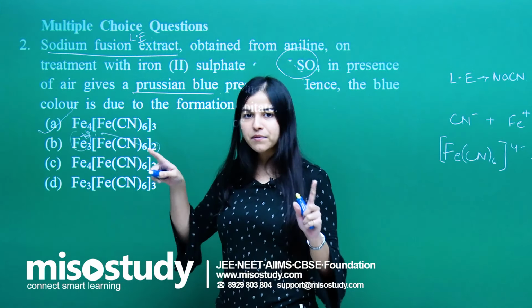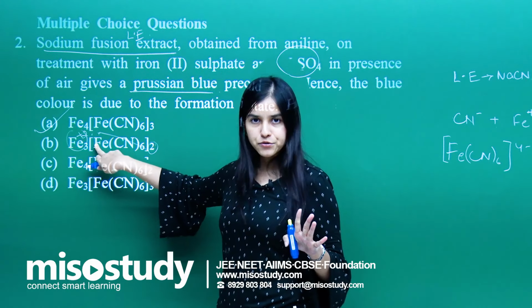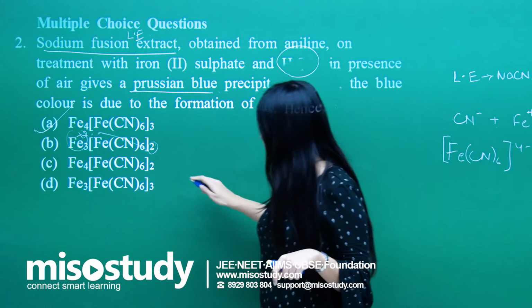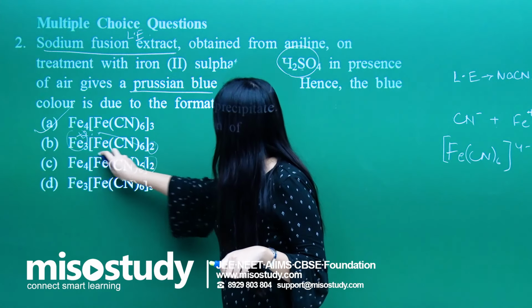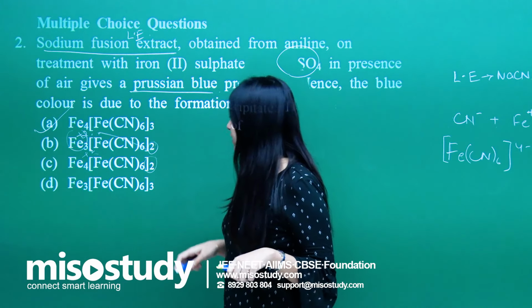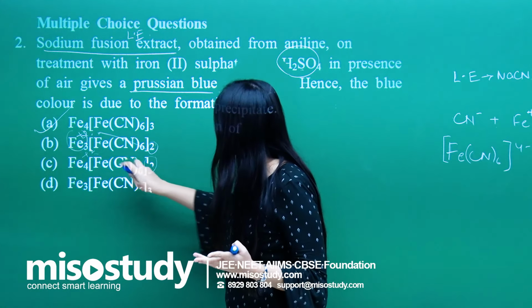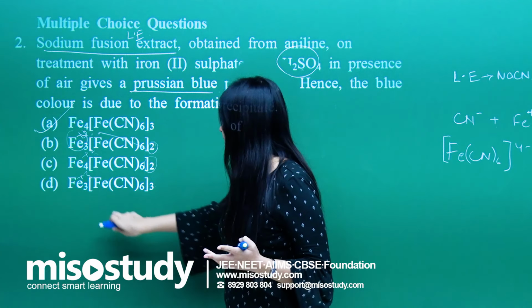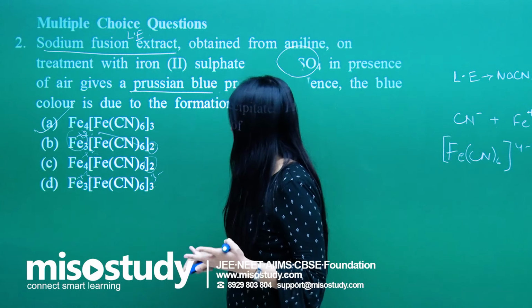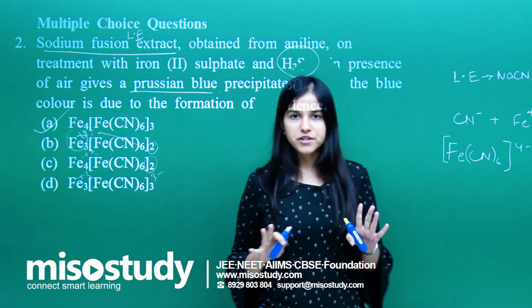By the cross multiplication method, I have found out that this is plus 2. This cannot be the case. Again by the cross multiplication, plus 2. Again cannot be the case, and by cross multiplication, yes, this is plus 3, but this would be 3 minus, which is not at all formed in the reaction mixture.